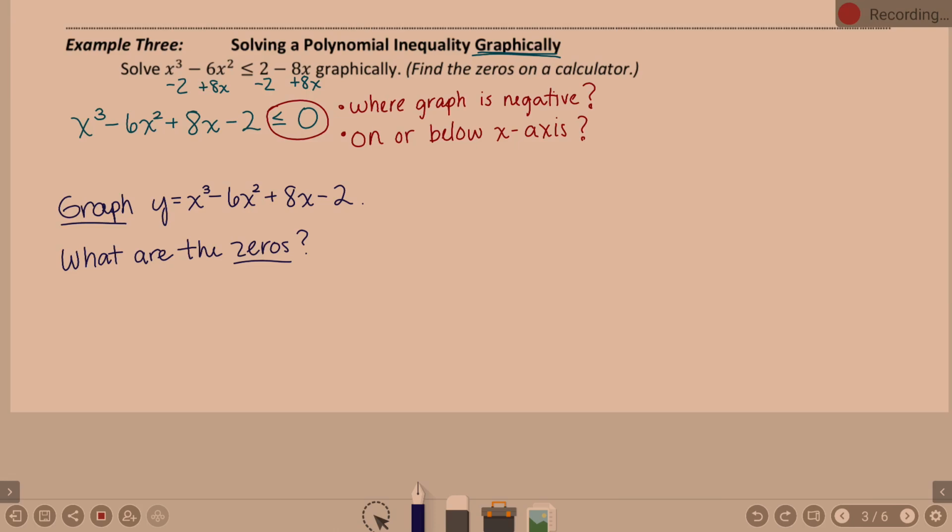I have 2 decimal places on each of my zeros. That gives us a hint. Why are we doing this one graphically and not algebraically, besides the fact the directions told you to? Because the zeros aren't, like, this isn't factorable. It's not going to factor into nice whole number answers.